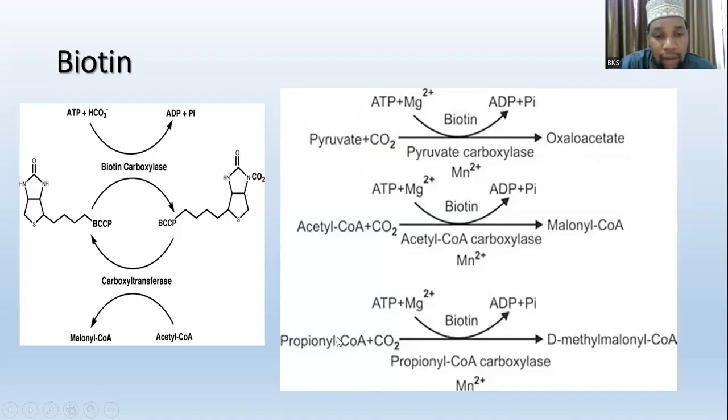Another reaction that involves biotin is the conversion of propionyl-CoA to D-methylmalonyl-CoA. We will see how some amino acids were even converted to propionyl-CoA, and then the propionyl-CoA is converted to D-methylmalonyl-CoA. D-methylmalonyl-CoA is also converted to L-methylmalonyl-CoA. The L-methylmalonyl-CoA is finally converted to succinyl-CoA.